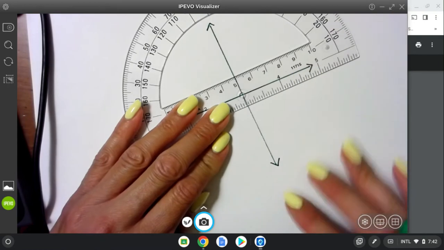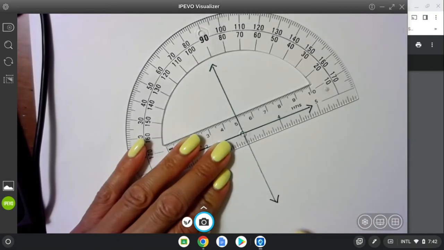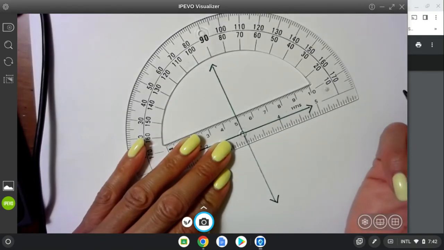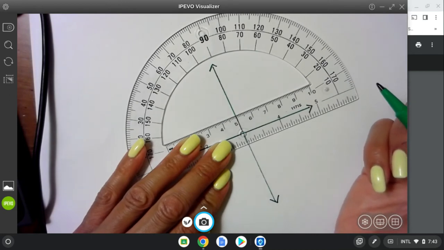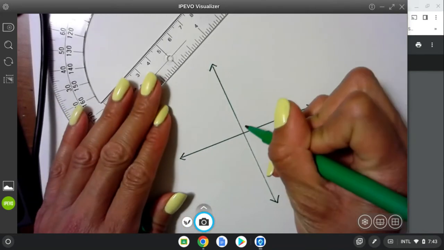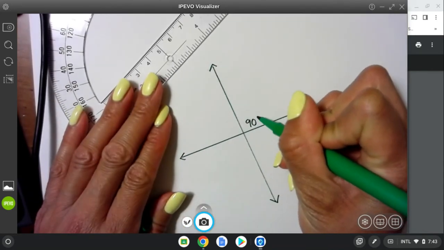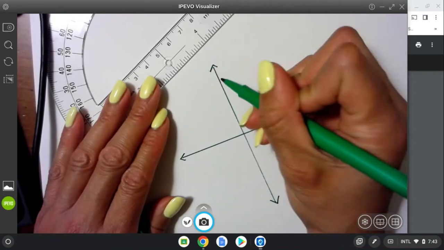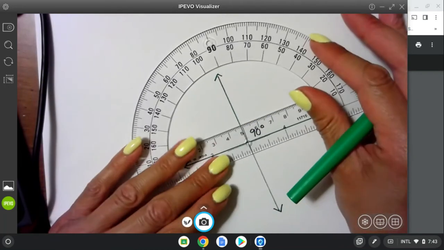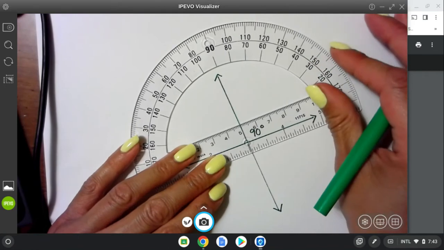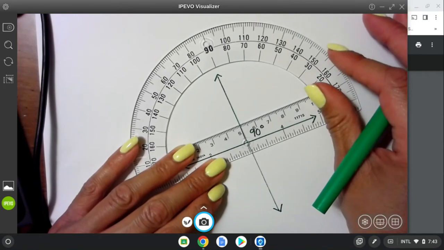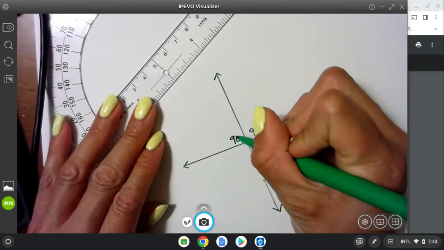So if you look at my angles here, they look like they're 90 degrees. These angles here at the top, this angle is 90 degrees. This angle to the left is also 90 degrees.